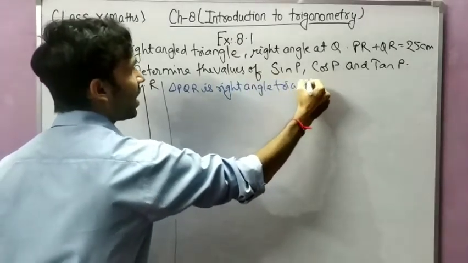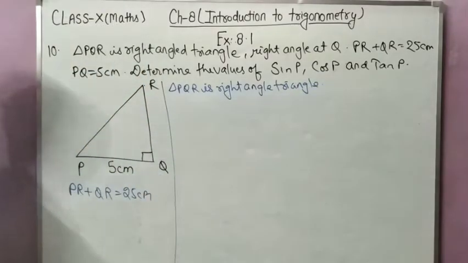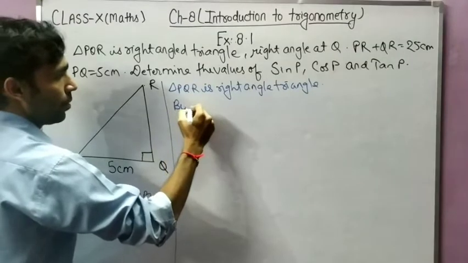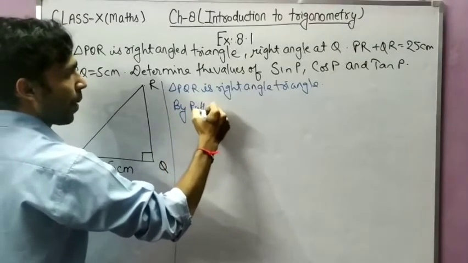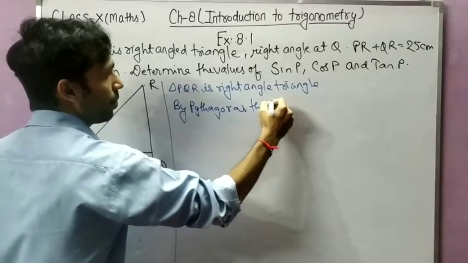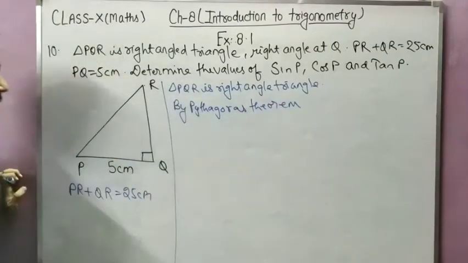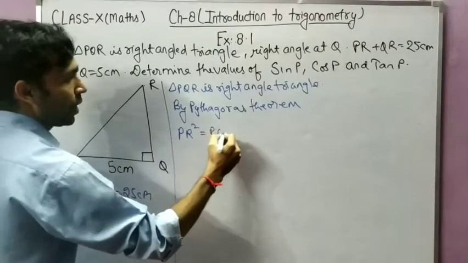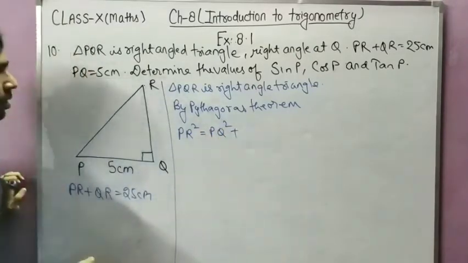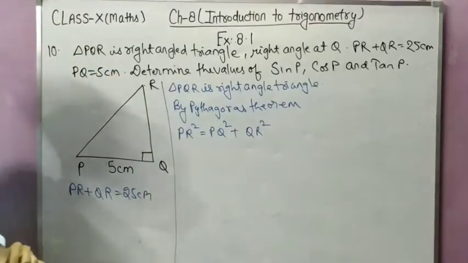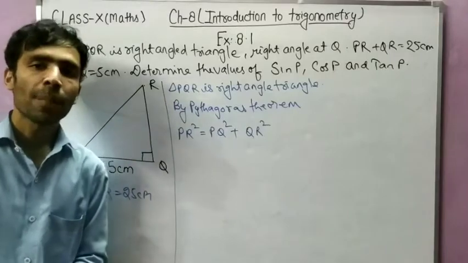And if it is a right angle triangle, we can apply Pythagoras theorem now. So by Pythagoras theorem, what can we write? PR square equal to PQ square plus QR square. Hypotenuse square is equal to perpendicular square plus base square.